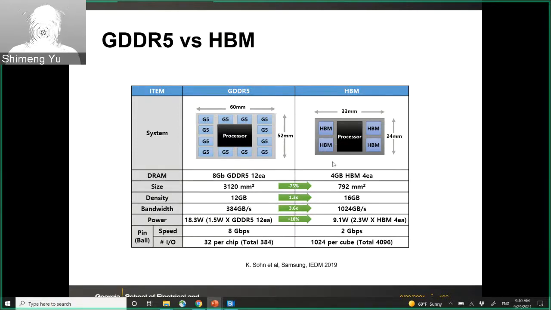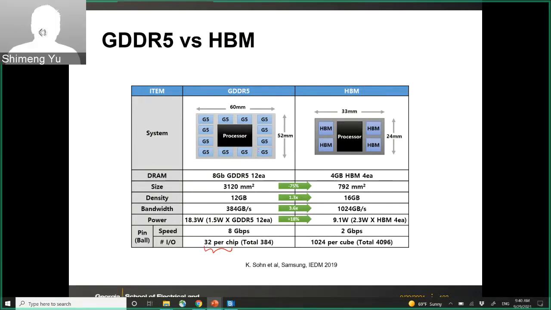So the key enabling feature of HBM is the I/O data width. This is critical. Look at the last row here for the GDDR5: the number of pins is 32 per chip.